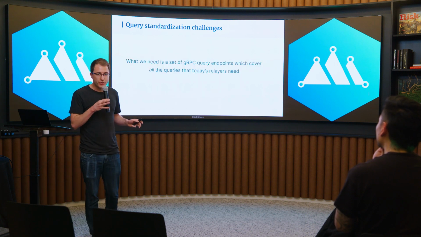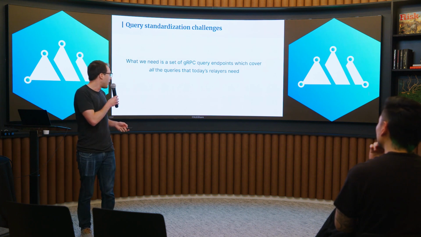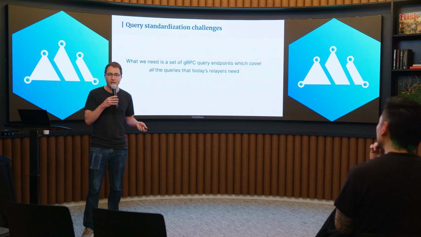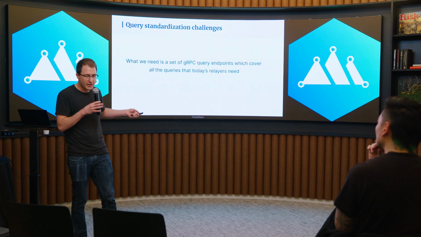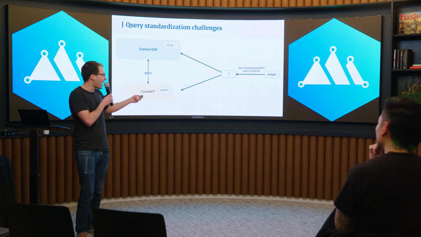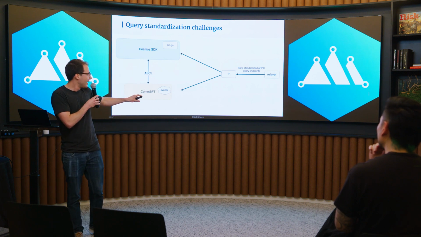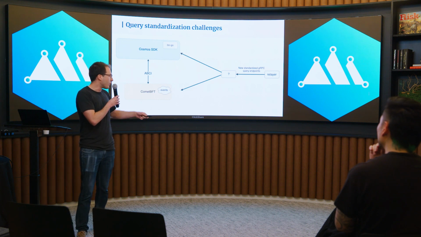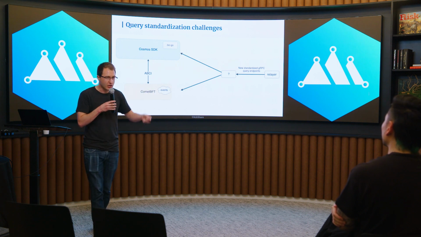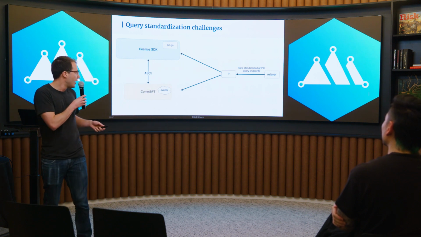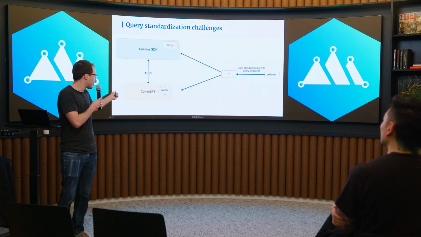So the first thing to do to solve this problem is we need one set of gRPC query endpoints that cover all the queries that today's relayers need. That's the first step. To give an intuition of how that would work with all SDK chains, and this is one of many ways to do it, you could have some new process that we call something, the question mark there, and the relayer only interacts with that question mark through this common gRPC interface, and it would know how to forward queries either to IBC Go or to Comet BFT.